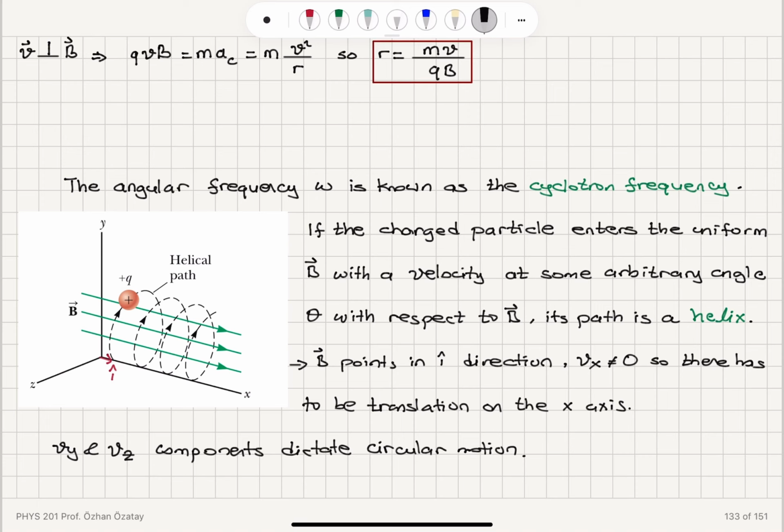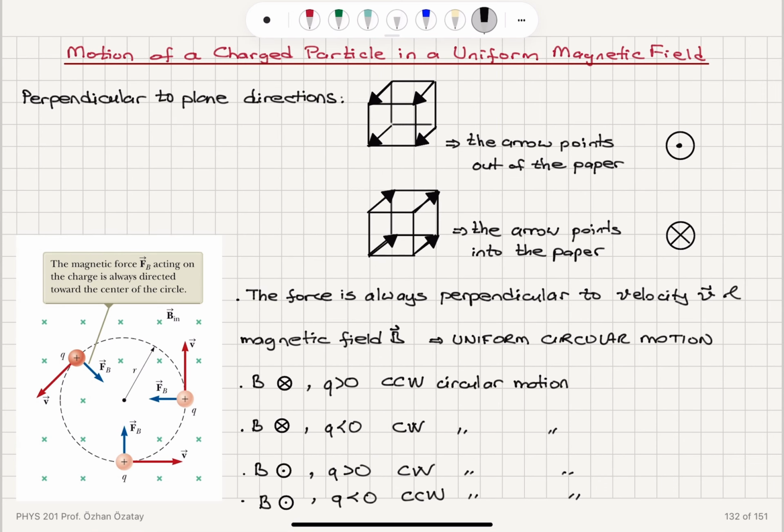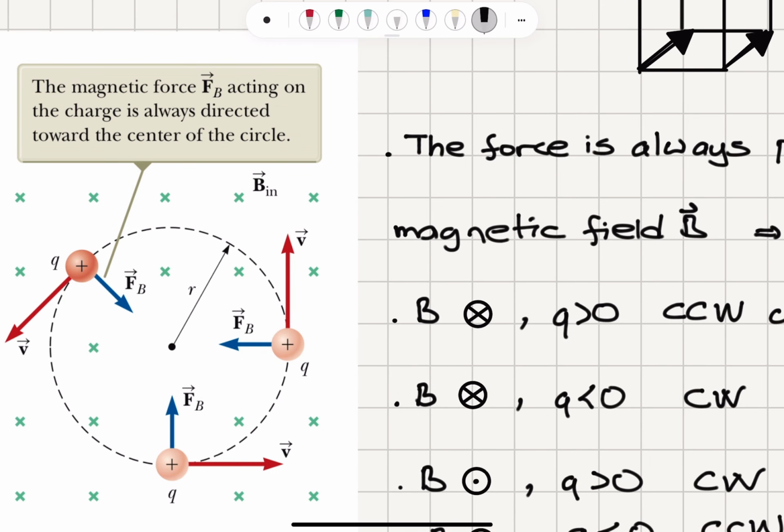And the speed is ds/dt, which is equal to d/dt of r theta. If you make an angular displacement by an amount theta here, the path length between these two points will be equal to r times theta.